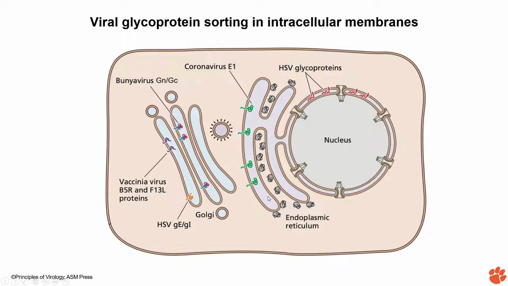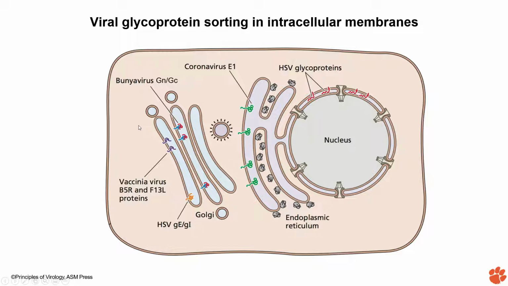On the other hand, the coronavirus E1 is responsible for budding of the coronavirus. They bud from the ERGIC, the endoplasmic reticulum Golgi intermediate complex. For herpes virus, we're going to see that the intermembrane space is one of the places from where they bud, and you have many other examples of these. And HSV gE/gI helps them to bud out of the Golgi. We are going to see why we have HSV, or herpes simplex, here and here.